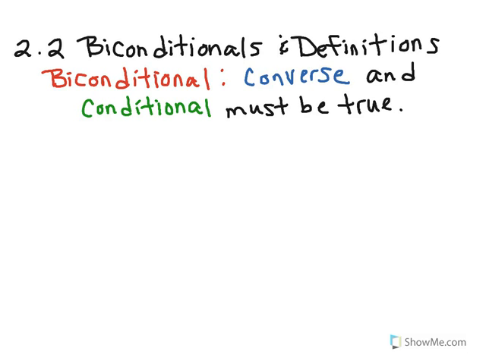The first thing is that the converse, which is where the hypothesis and the conclusion are switched, and the conditional statements must be true. So a biconditional takes both of these and combines it into one statement.